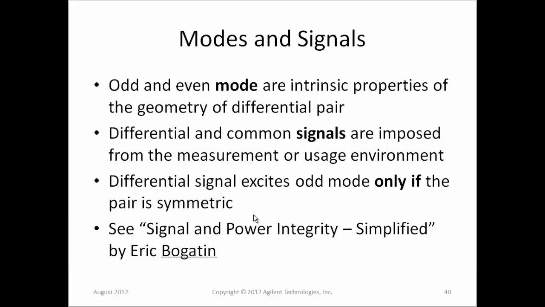But this is a special case of symmetry, not a general rule. So again, see Eric's book if you want more detail, but bear in mind that there's this nomenclature you have to deal with when you're dealing not just with differential S parameters, but differential and common mode signals in general.